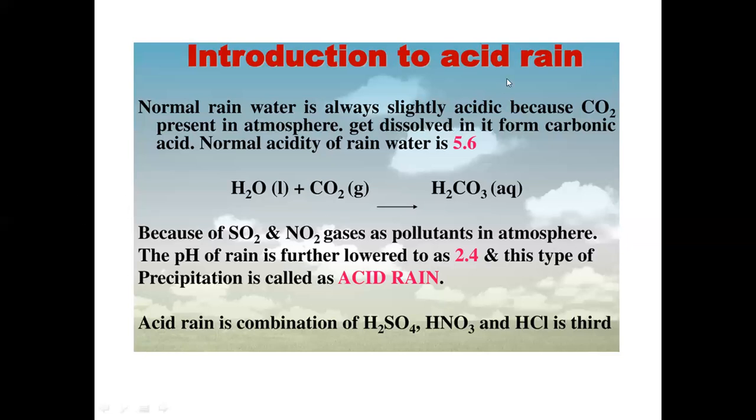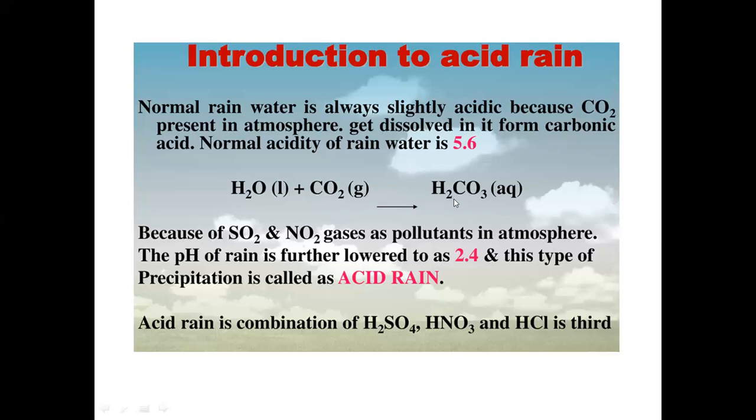So when we talk about acid rain, we know normal rainwater is always slightly acidic because carbon dioxide present in the atmosphere gets dissolved in the rainwater as carbonic acid, H2CO3.